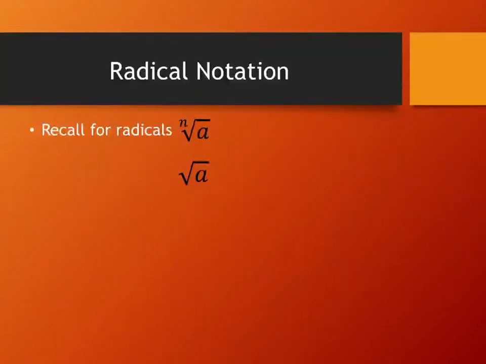And this actually harkens back to radicals. So I would like for you to remember something about radicals, and this might be something that you didn't see very frequently or often enough that you might not actually remember it, and that's okay. But this radical notation, that little n right there, is called the index of the number. When we don't have that there, you see on the bottom end, there's an understood 2, right, because it's a square root.